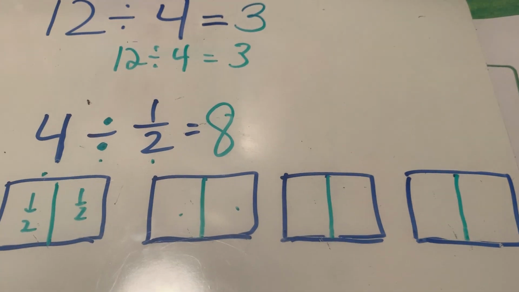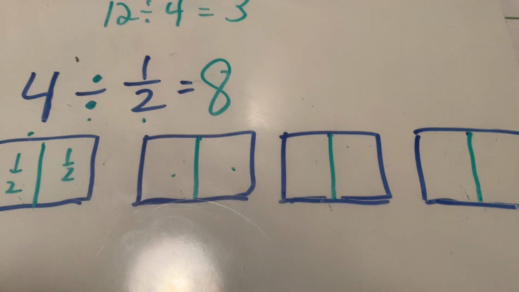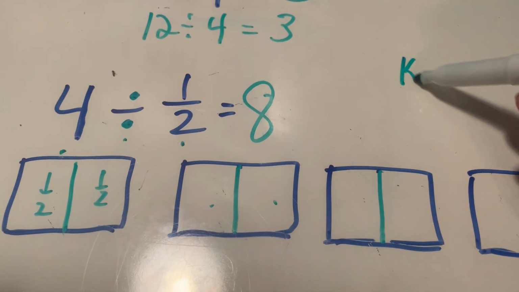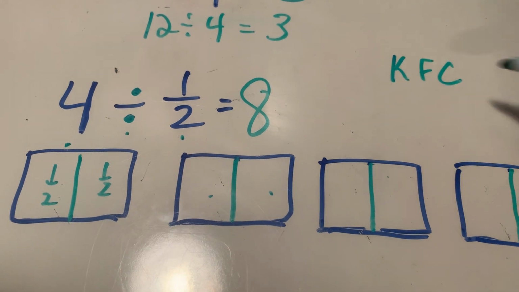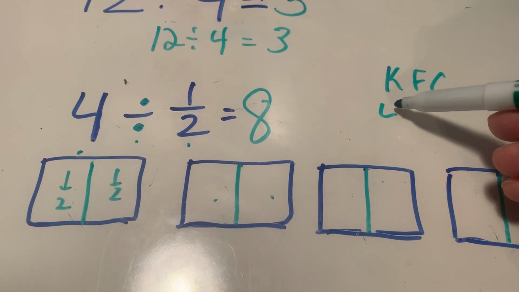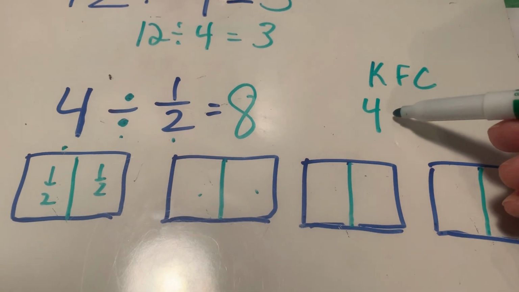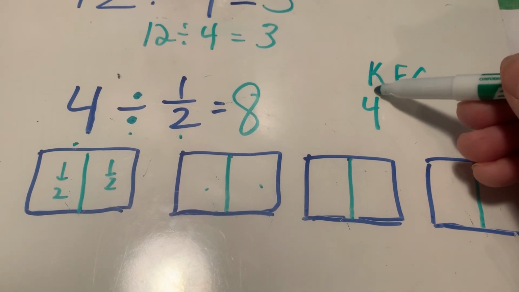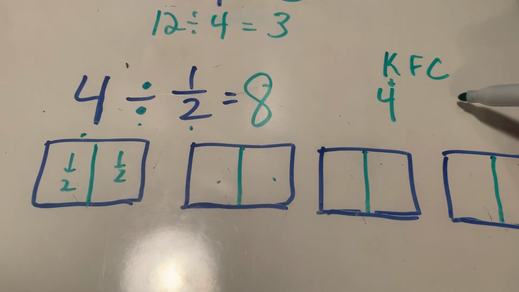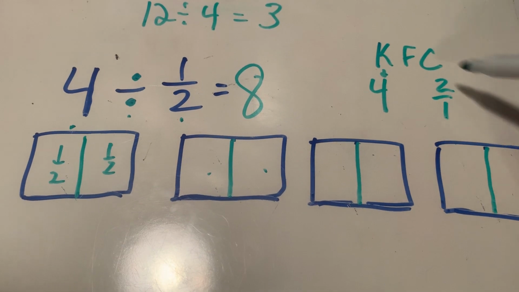I want you to go back to what you were learning with Miss Coleman the other day. You learned about something called keep, flip, and change. Let's review that. Here we had 4, which we kept, then flipped the 1/2 to 2/1.